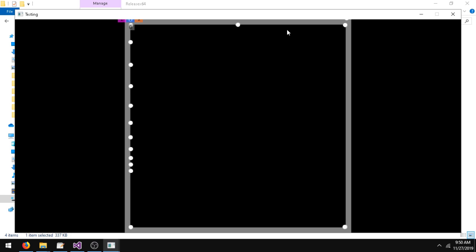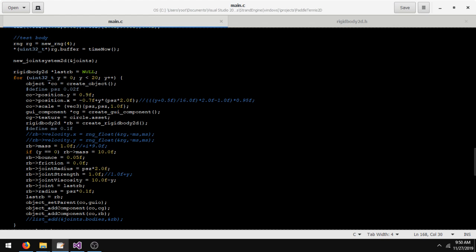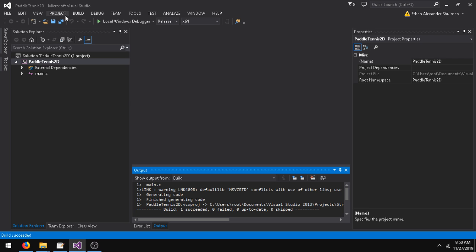Wait, what the hell even happened? Why are they flying out when the joint strength is so low? Oh, the viscosity is negative. Oh my god, of course.